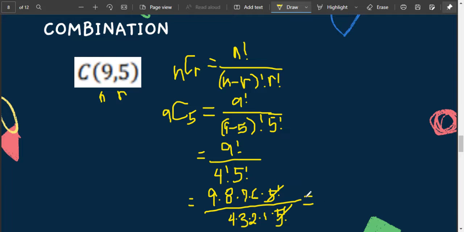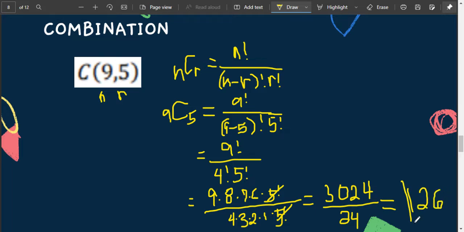So, ngayon, i-multiply na natin. 9 times 8 times 7 times 6 will be equal to 3,024 over, ang 4 times 3 is 12 times 2, that is 24. Ngayon, i-divide natin ang 3,024 by 24 and it will be equal to 126.